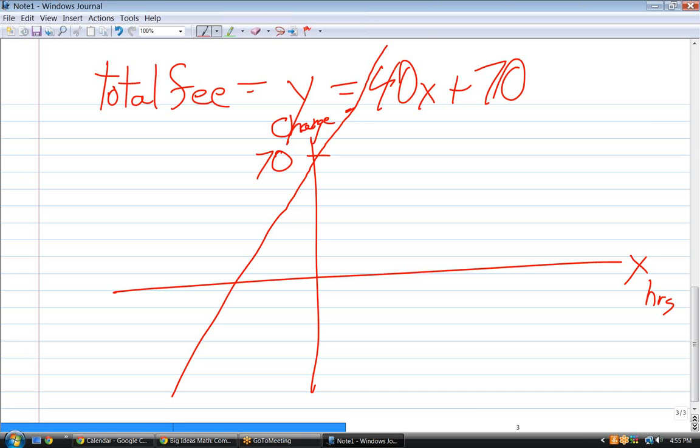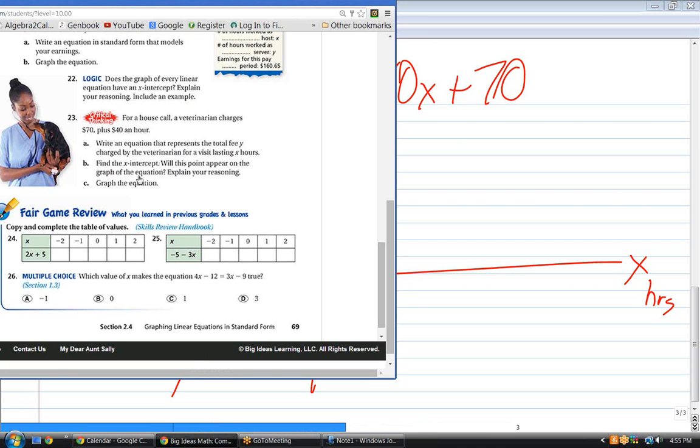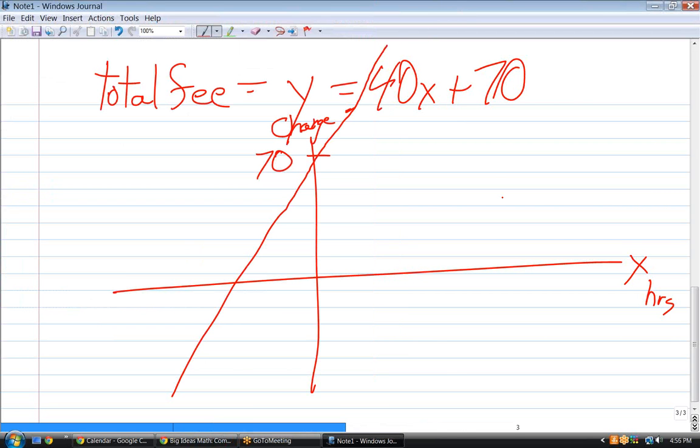Their question says, will the x-intercept appear on the curve, on the chart? The question says, find the x-intercept, will this point appear on the graph of this equation, and explain your reason.